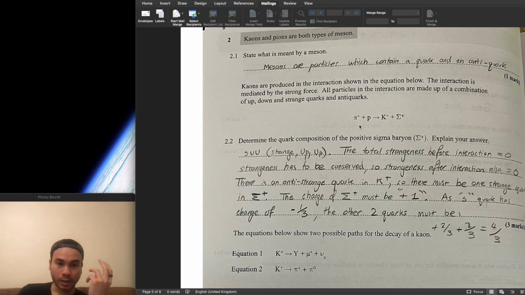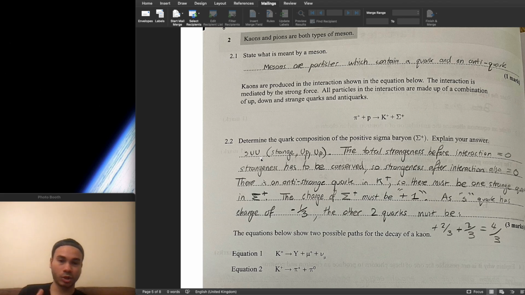And we know that the charge of the sigma positive baryon has got to be +1, and an S quark has got a charge of -1/3. So the other two quarks must therefore, in order to give a +1 charge, be +2/3. What about top? You have up, down, up is positive, top, bottom, and charm and strange.